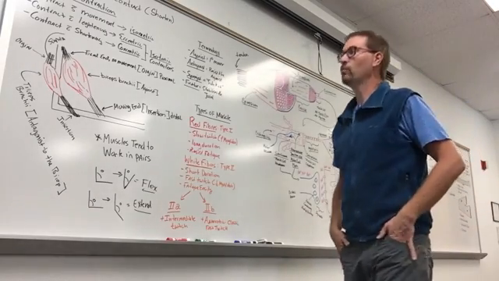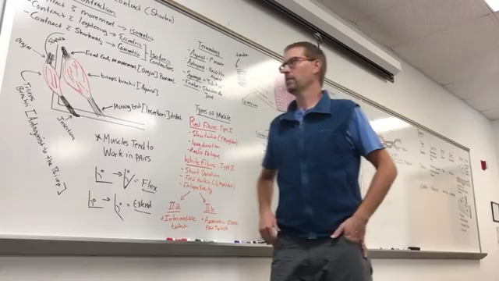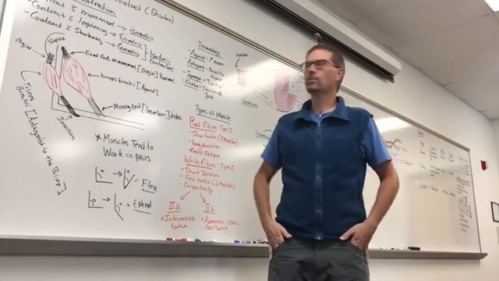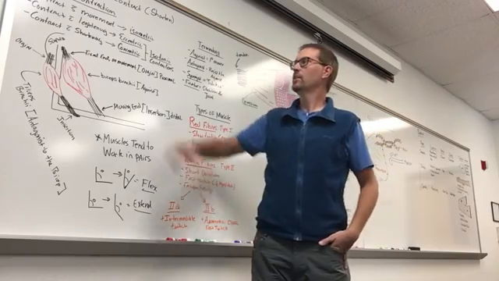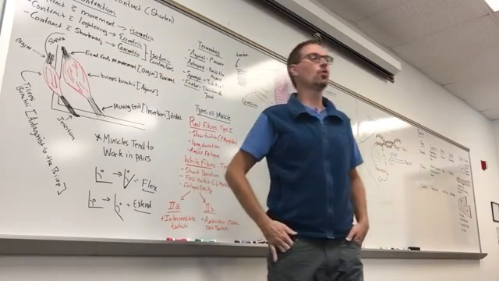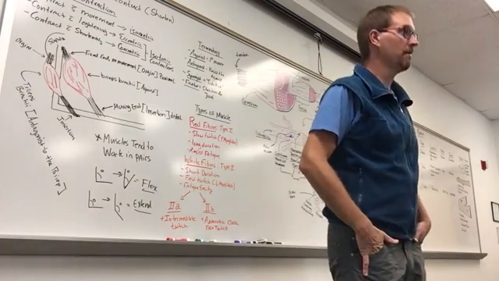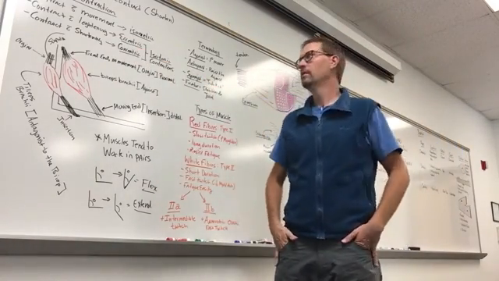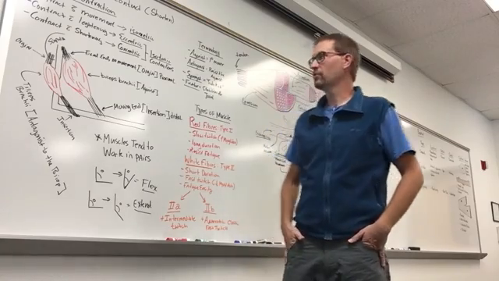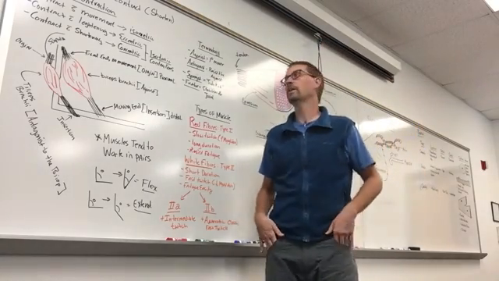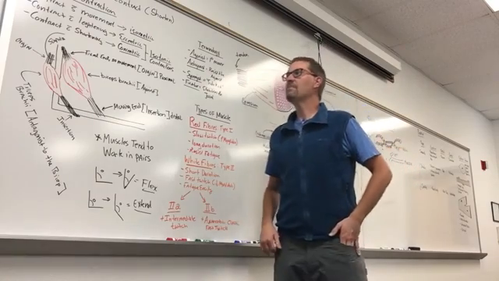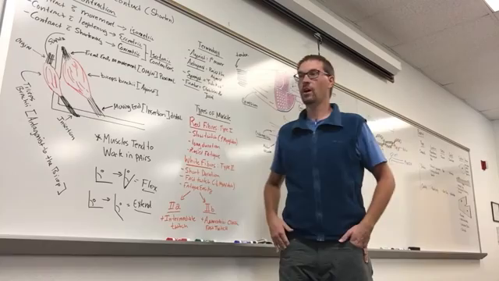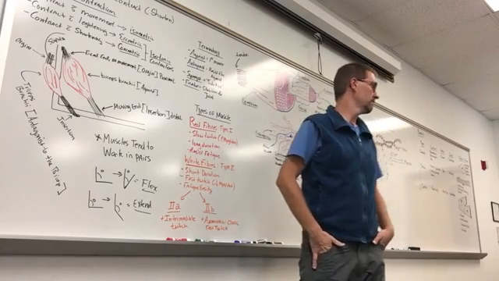But it does happen, and we'll talk about that in a little bit. And then you get your classic isotonic contraction, which is contraction with shortening of a muscle. So when a muscle lengthens with the contraction, we call that eccentric, and when it gets shorter with the contraction, we call that concentric. Any movement in general associated with contraction is what we call isotonic. You guys cool with that? Does that make sense?